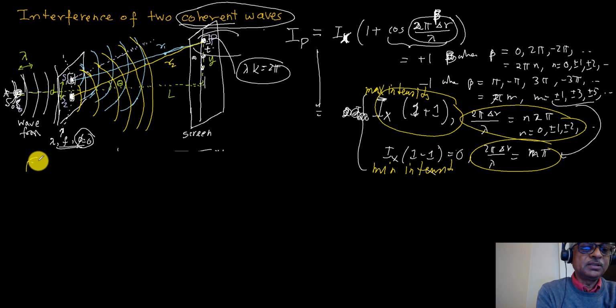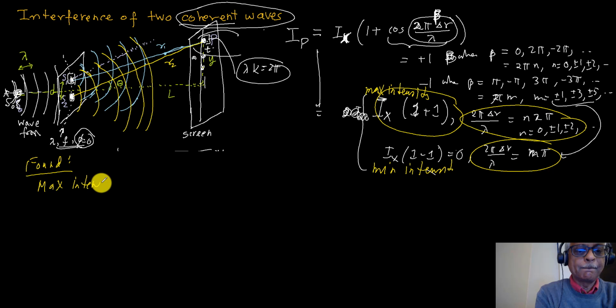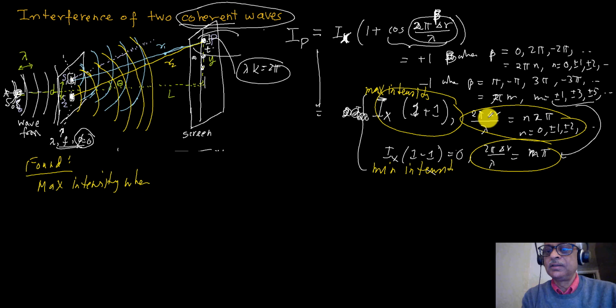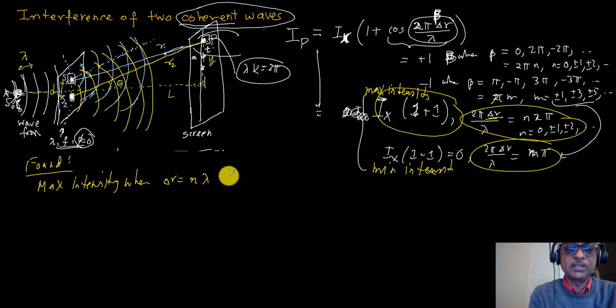So we found max intensity when delta R equals n times lambda, n equal to 0, plus minus 1, plus minus 2, plus minus 3, etc.